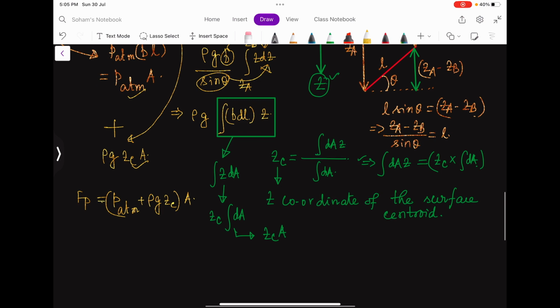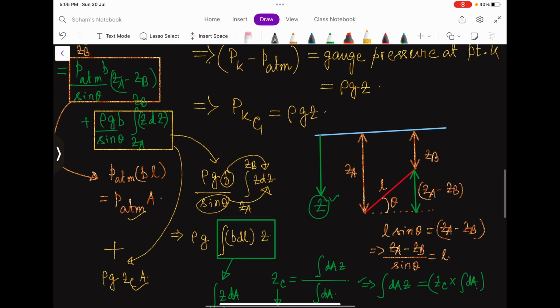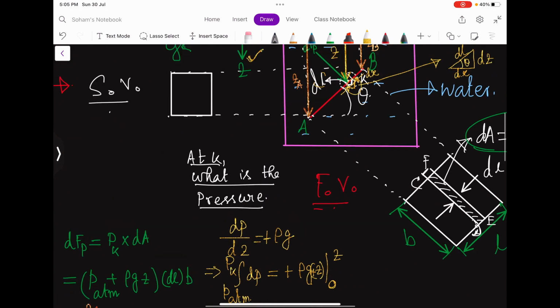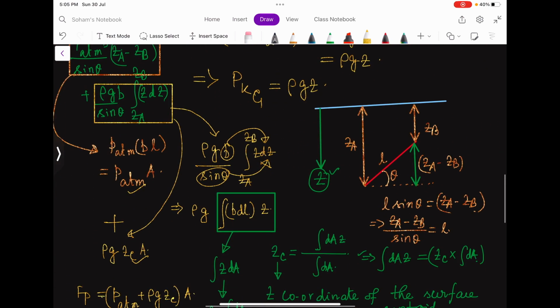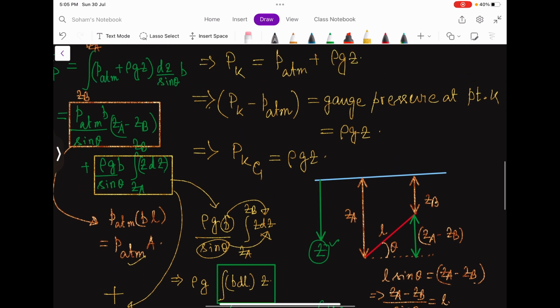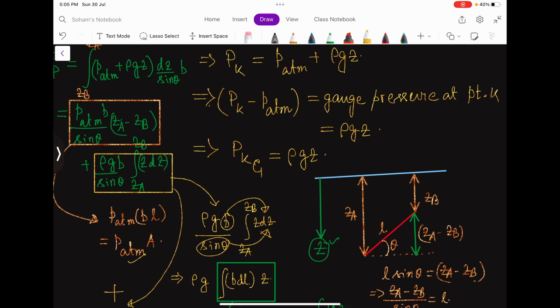So this is the formula for any surface. I have taken a surface that is rectangular in shape, but this is valid for any surface, because I did not have to integrate this formula to get z square by 2.